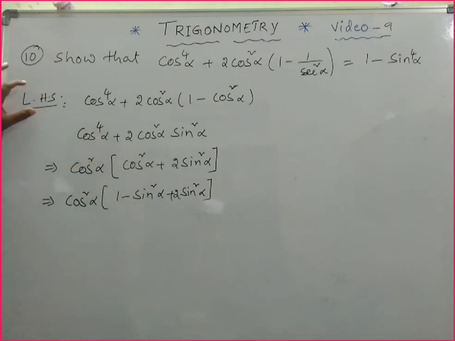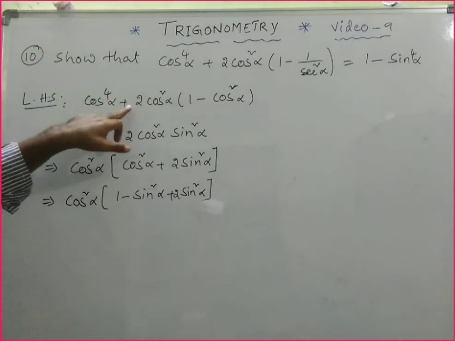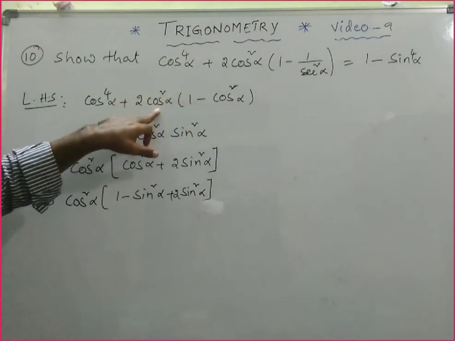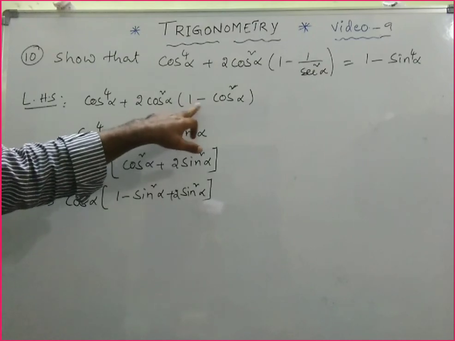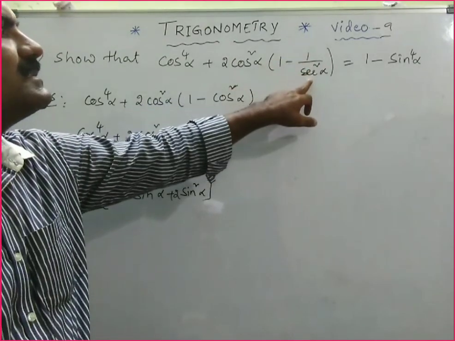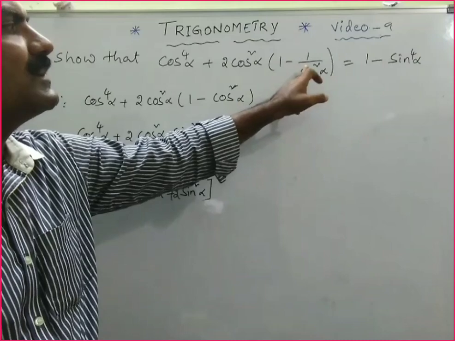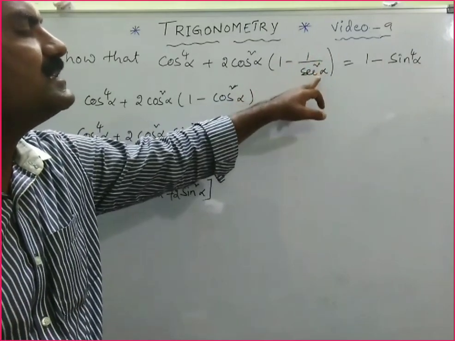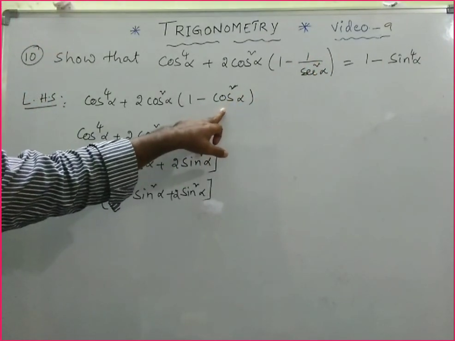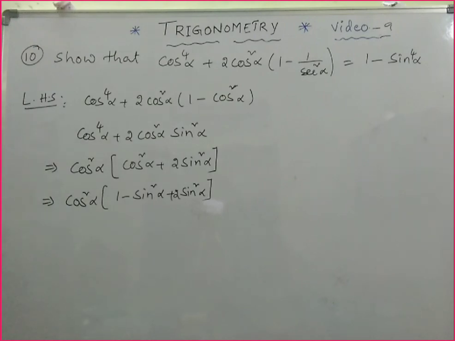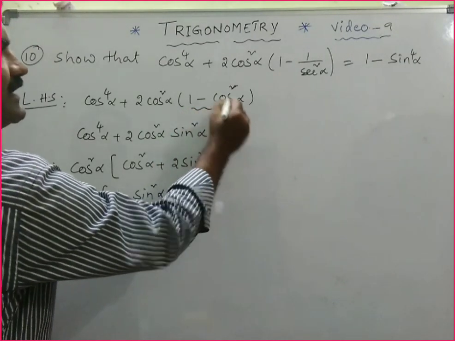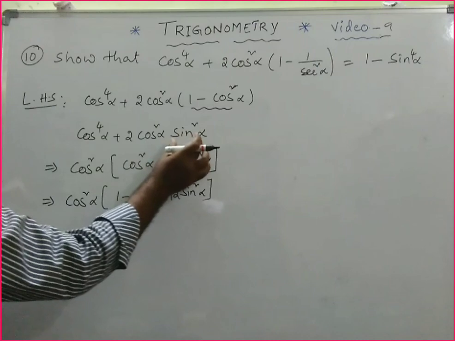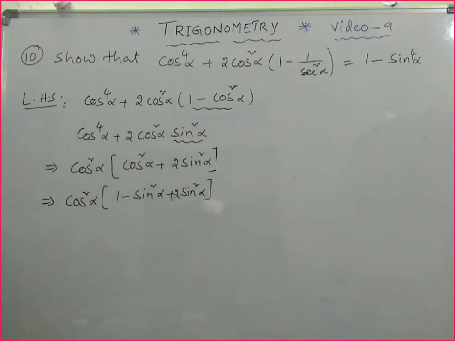So coming to the left hand side, LHS, cos power 4 alpha plus 2 cos square alpha into 1 minus 1 by secant square. 1 by secant is nothing but cos. Then 1 by secant square is cos square alpha. Okay. Next, this is 1 minus cos square alpha, which is nothing but sin square alpha.